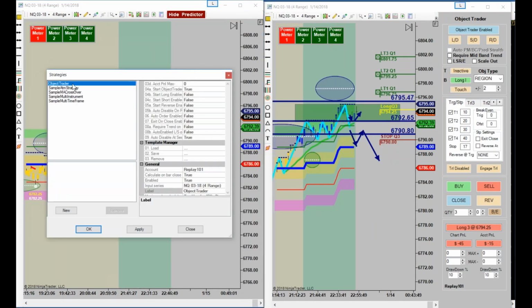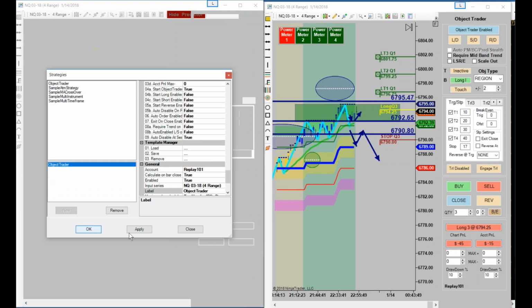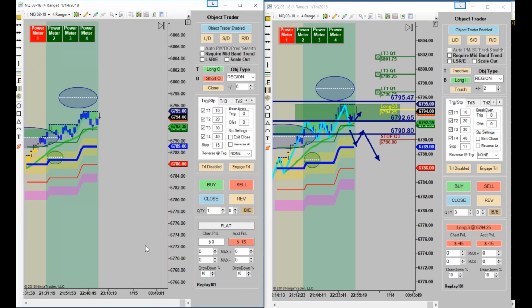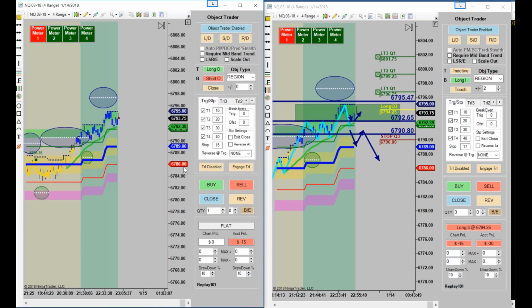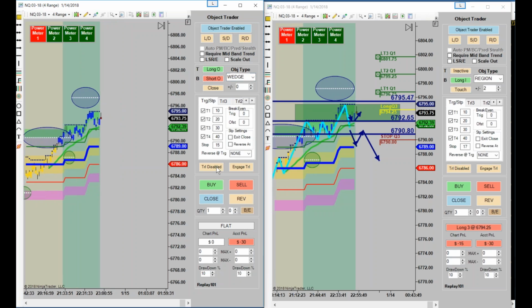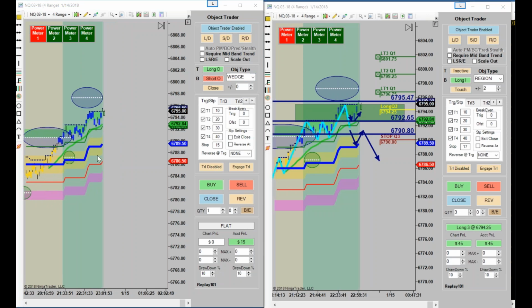You can put up another chart and draw a trend line and use a tool that we've got called Wedge Trader. Okay, I'm going to wait for that bar to close before I do the wedge trade because I don't want it to fire. There we go. All right, let's see here.